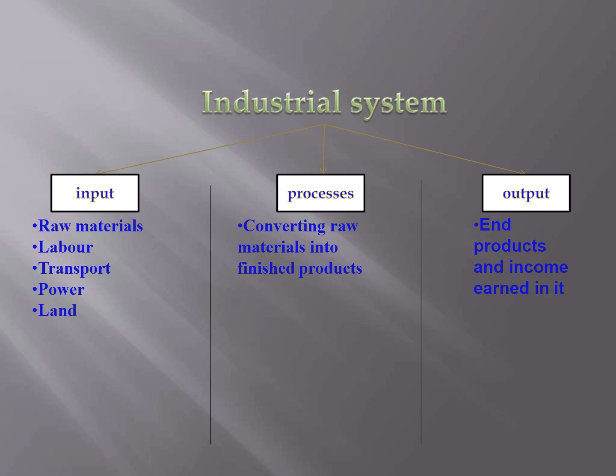And the output is the end product and the income earned from it. So industrial system means input, processes and output. Input is raw material, labor, transport, then processes means converting raw materials into finished products, and output is the end product or the profit that we earn.